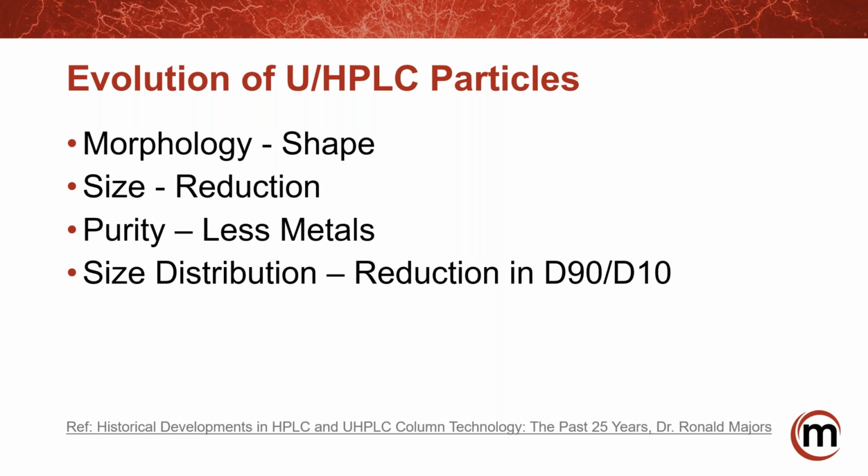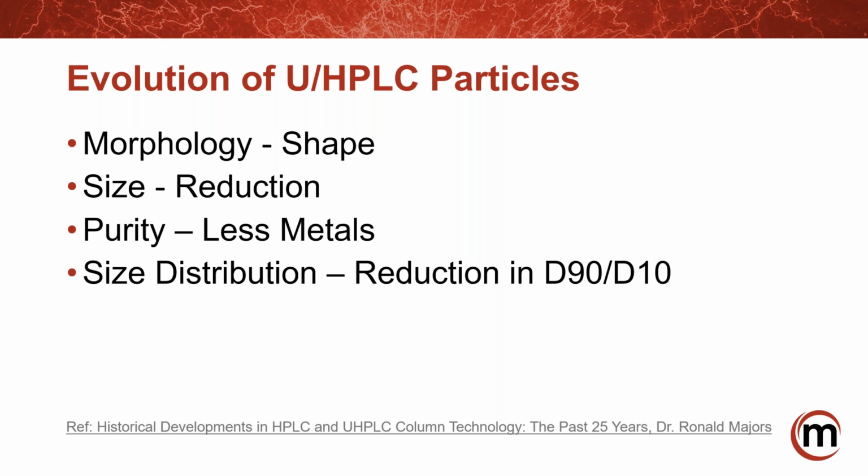I think the smallest commercial product available in a metal column is 1.3 micron. With innovation over time, they found that if they can control the metals content in the silica, then they can bond and have more reproducible bonding interactions and control those interactions a little bit more. But in legacy applications, metals could add benefits because they could have some acidic character.